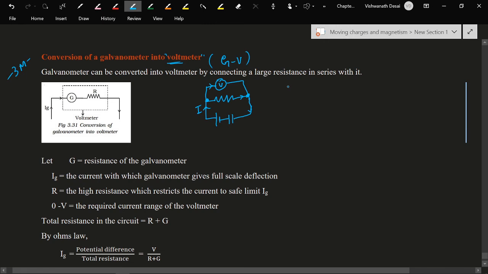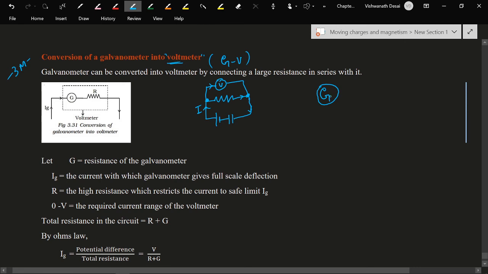But in our lab, a voltmeter is not there, but only the galvanometer is there. Then this galvanometer can be used as a voltmeter. But generally, the galvanometer resistance is not very high. The galvanometer in our lab has resistance that is not very high. Hence, it cannot be directly used as a voltmeter.